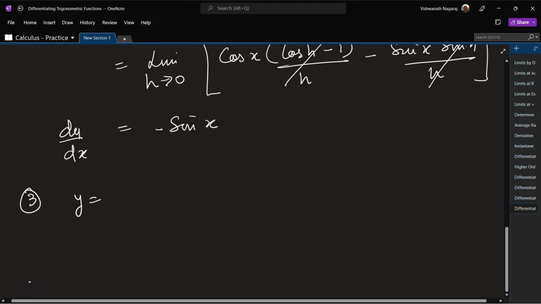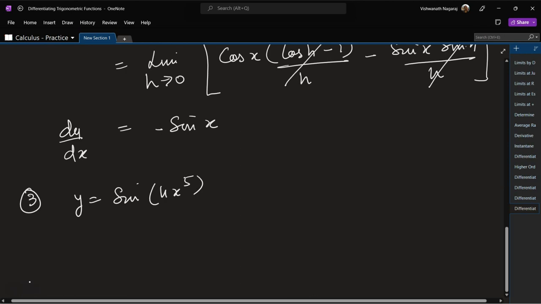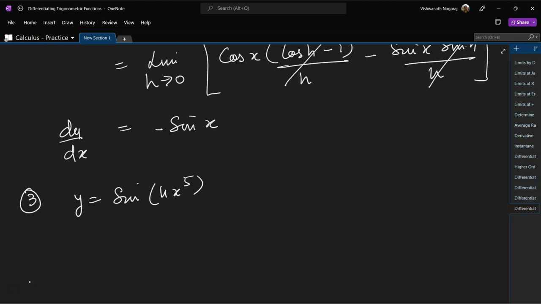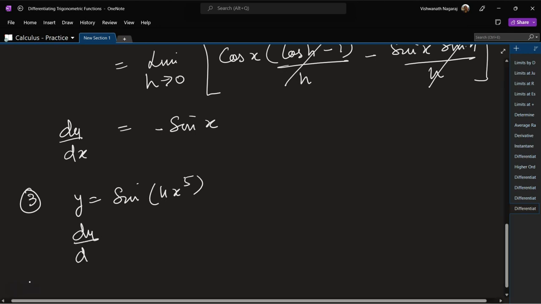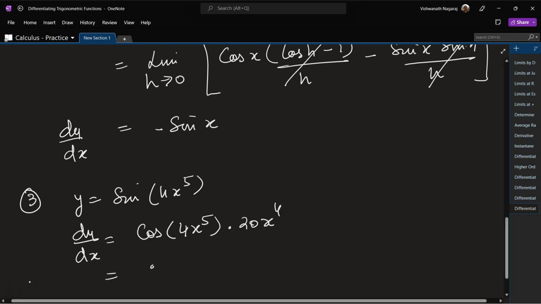So y is equal to sine of 4x to the power of 5. Now we know the derivative of sine, and we know the chain rule. So dy by dx is equal to cos of 4x to the power of 5 times 5 fours 20x to the power of 4, which gives us 20x to the power of 4 times cos of 4x to the power of 5.